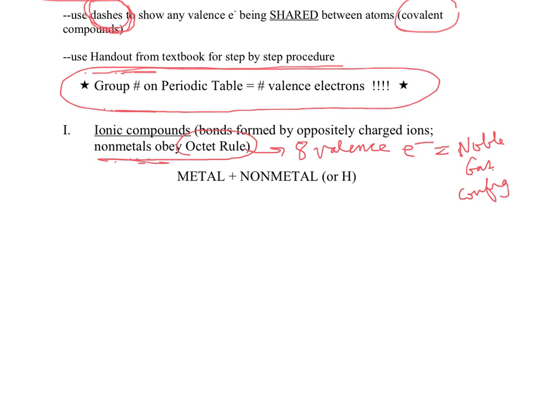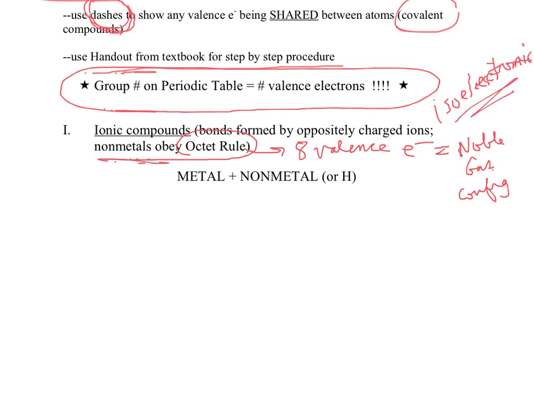Remember that handout from chapter 5 that I hope you've been using, that lists everybody in group 1 as being a +1 ion. Well, now we know why: when they lose 1 electron, and they have low ionization energies, so it's not a problem, that makes them isoelectronic. Isoelectronic means having the same electron configuration. When they have the same electron configuration as one of the noble gases, it makes them stable.